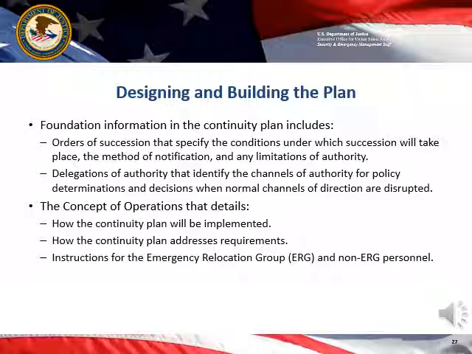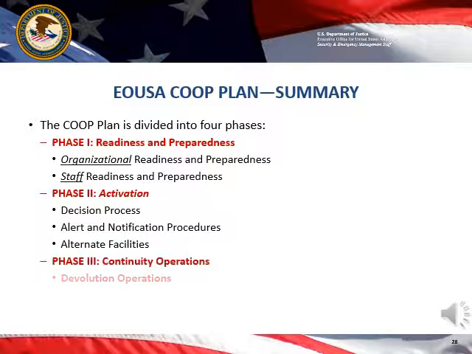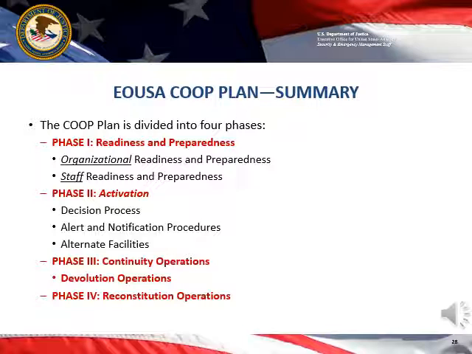The plan includes information about orders of succession and delegations of authority to ensure there is continuity in EOUSA governance during and after the incident. The plan is organized into 4 phases: readiness and preparedness, activation, continuity of operations, which includes devolution operations, and reconstruction operations.